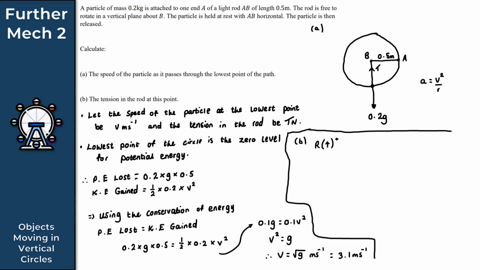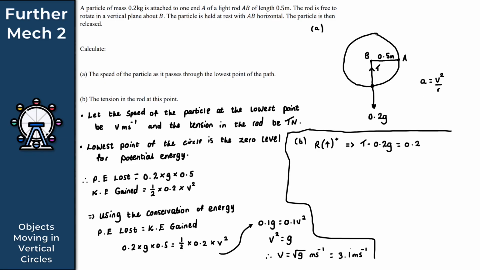So F then is going to be T minus the force acting downwards, which is 0.2 g. We get T minus 0.2 g is equal to then the mass times the acceleration. So the mass here is going to be 0.2, right? So I get 0.2 times by the acceleration here.